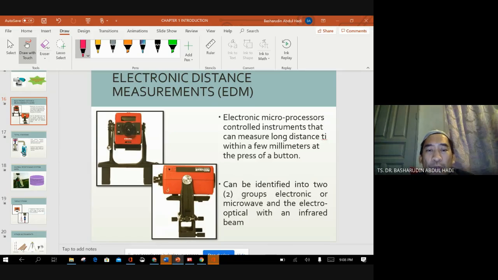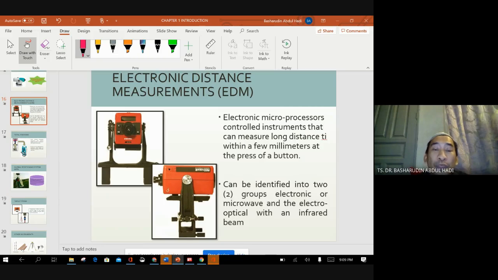And still remember that I already told you about electronic distance measurement, EDM. We put the EDM on the theodolite. Nowadays, they integrate the theodolite and EDM, and they came up with a new innovative way of measuring distance. We call it the total station. Electronic distance measurement has two types of how it measures distance. Number one, it uses a laser.